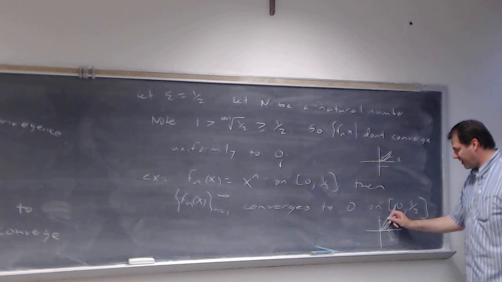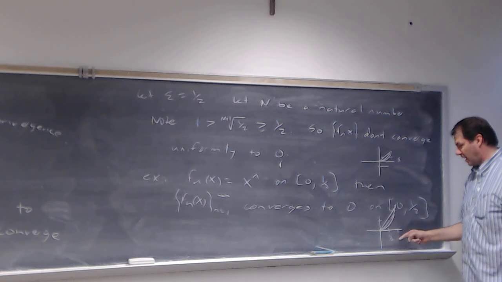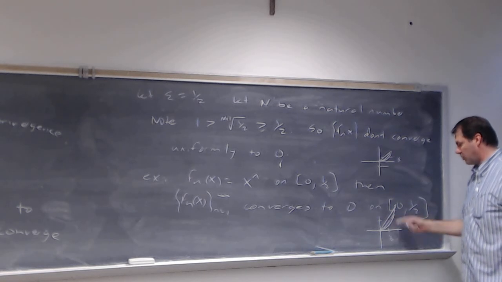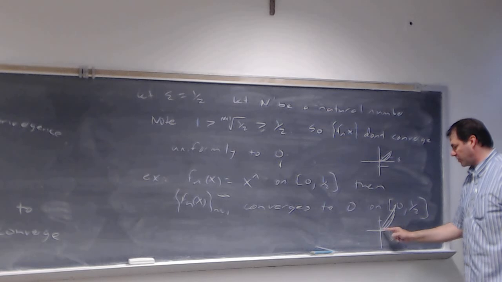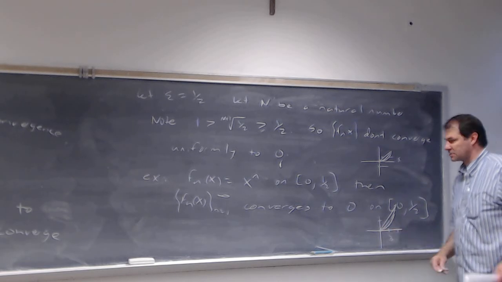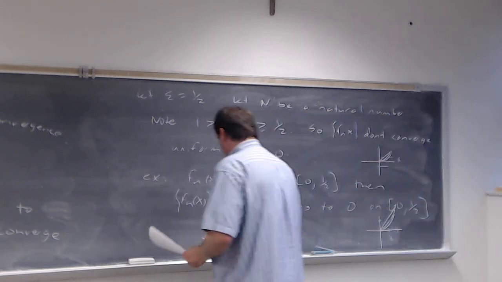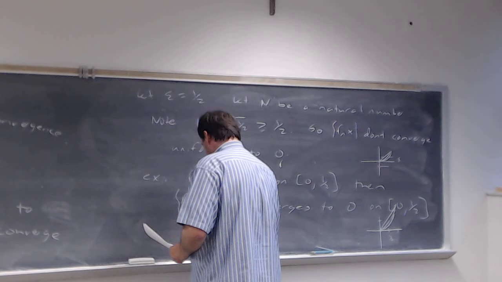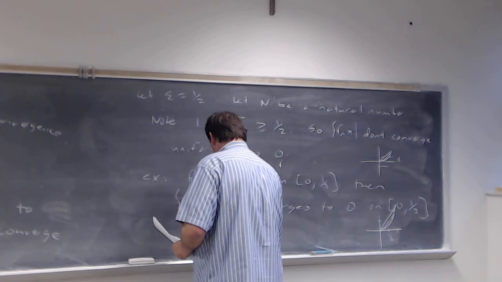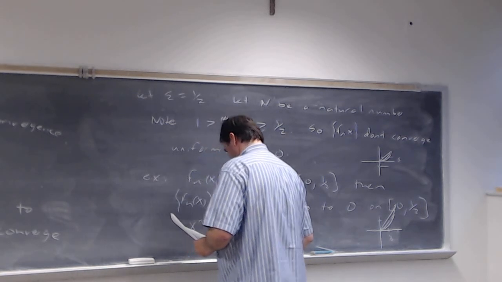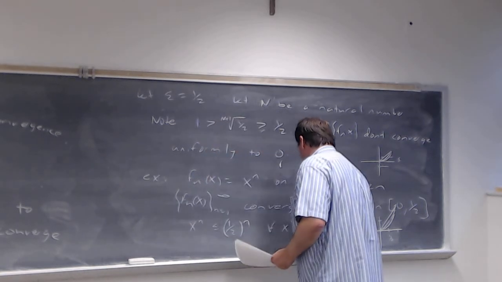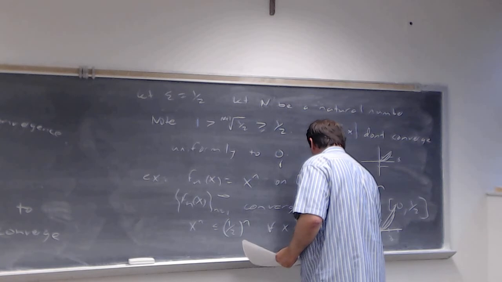So if we can keep these functions at 1/2 within epsilon units of 0, we'll make every x value for those functions be within epsilon units of 0. And that's done because x to the n is less than or equal to 1/2 to the n, for all x element of 0 to 1/2.